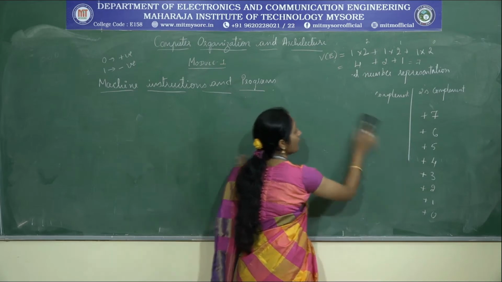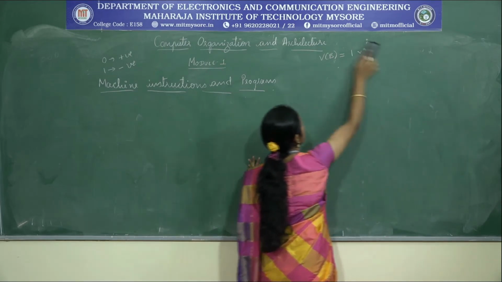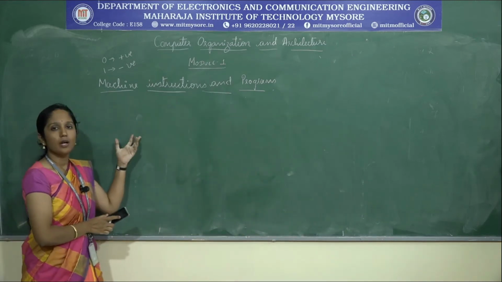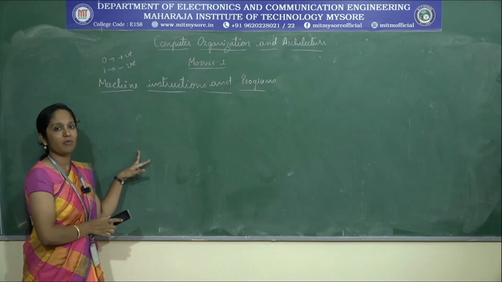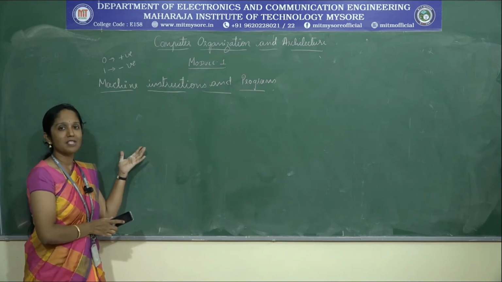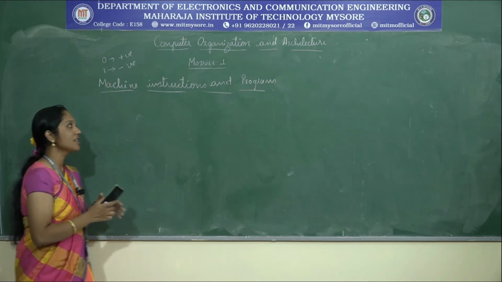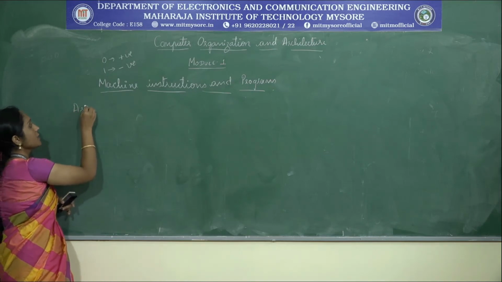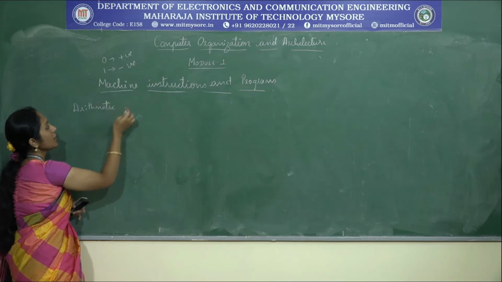Not only while performing arithmetic operations, even while calculating memory locations, the computer performs arithmetic operations on the memory addresses. So to understand how it manipulates the data, we need to understand the basic arithmetic operations performed on the given data.